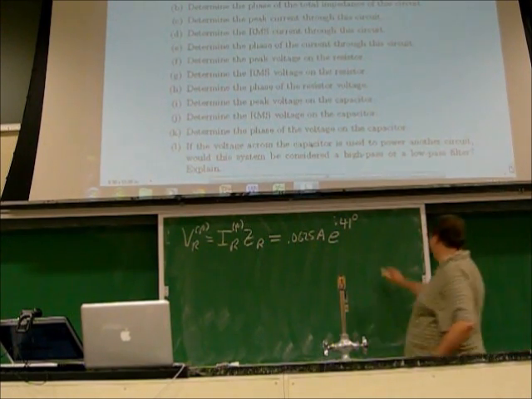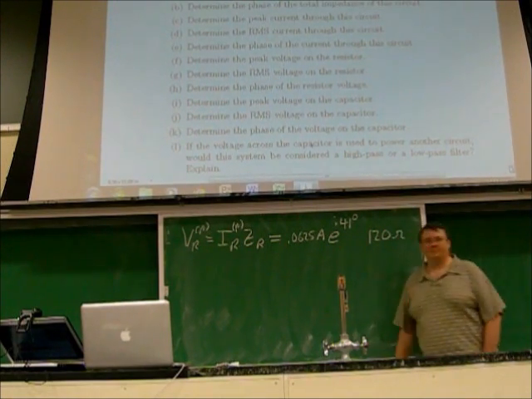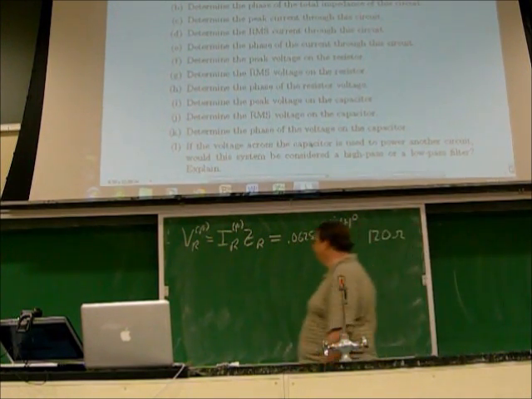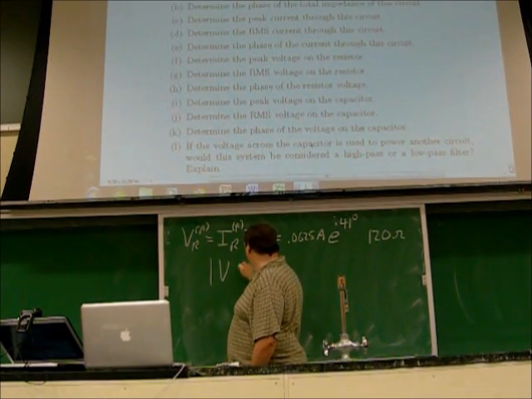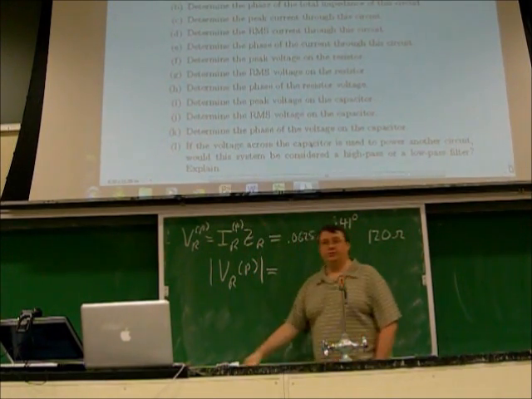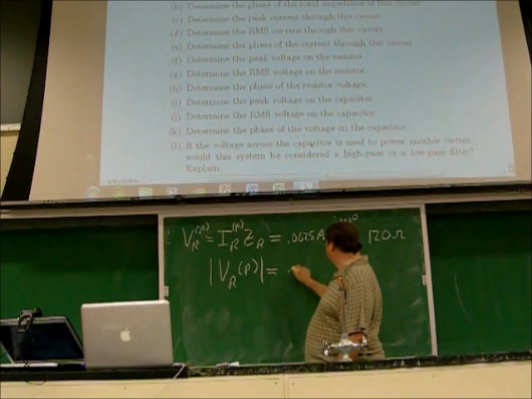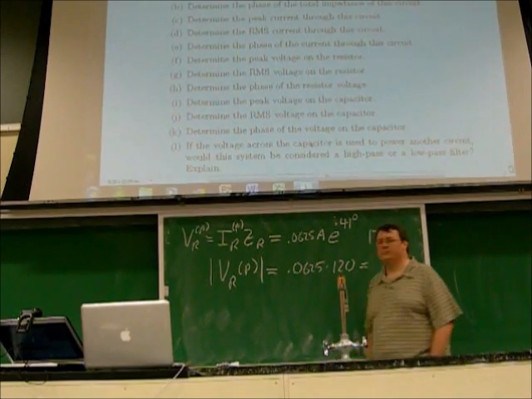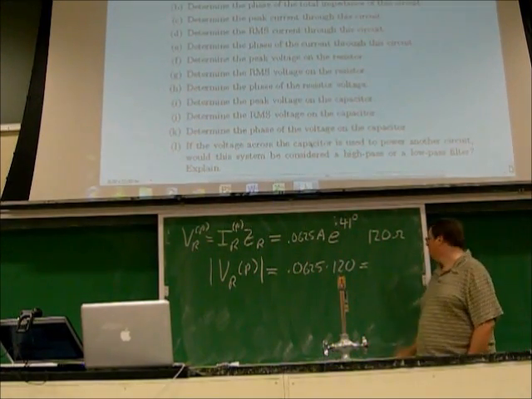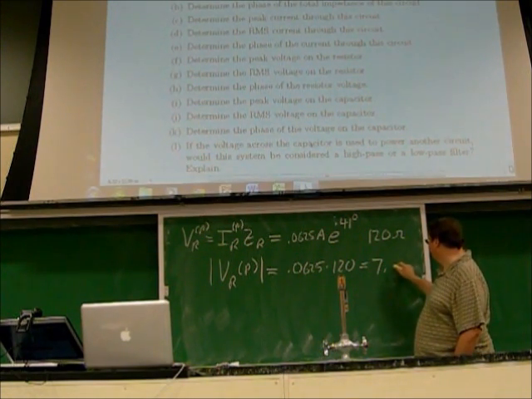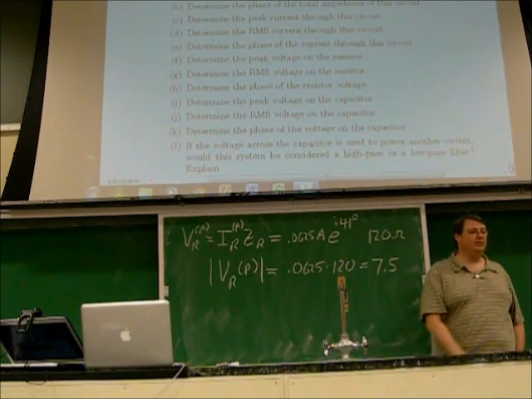R. Therefore, the magnitude of the peak value of the voltage on the resistor is equal to how much? 7.5. 7.5 what?